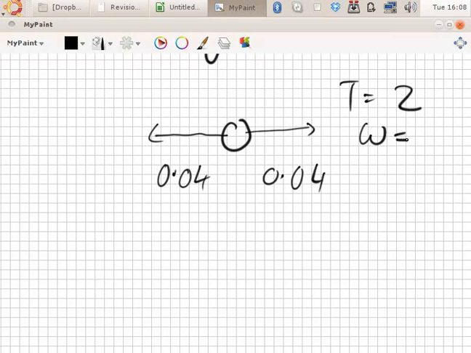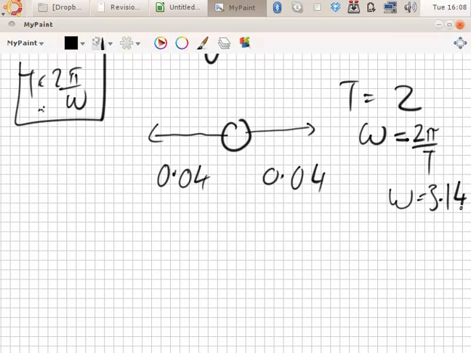It's in the formula book. 2 pi over T. It comes from T is 2 pi over omega. I showed you this last week when we were covering the proof. So if T is 2, omega equals pi. So I got the omega.